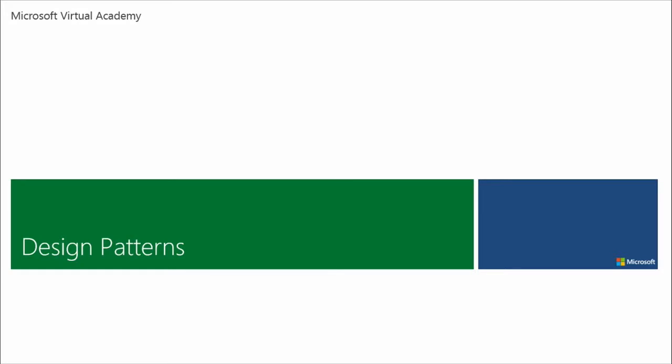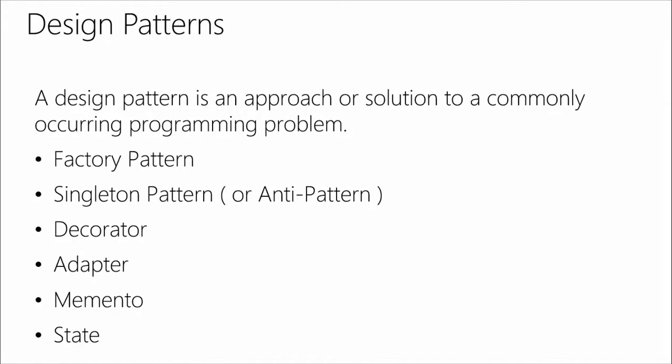When we're thinking about frameworks, and why we might want to use them, design patterns and overall architecture come into play. A design pattern is an approach or a solution to a commonly occurring programming problem.